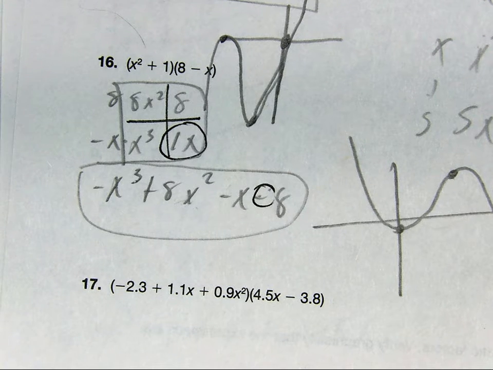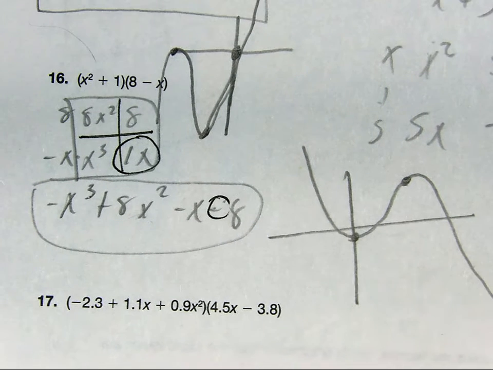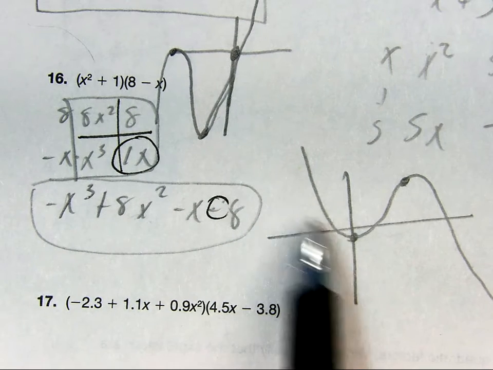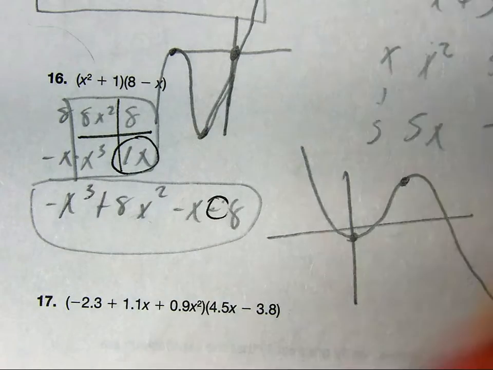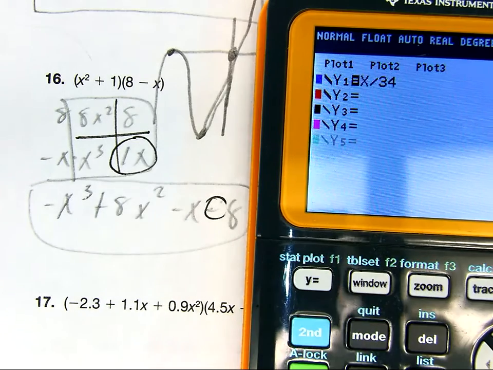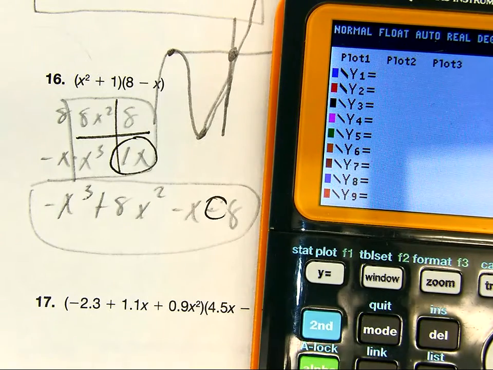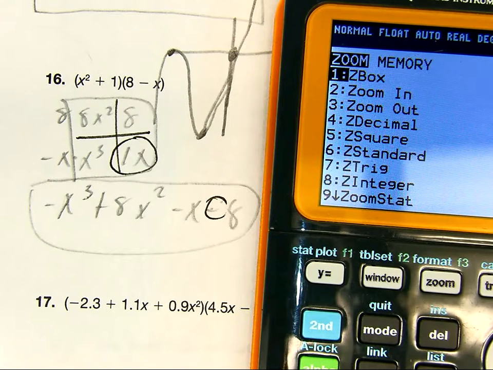Now, what I like about this one is the student made a sketch of the graph. And if you actually graph both of these, they should be the same. So let me show you. Let's look at this student's. X squared plus 1, 8 minus x, zoom 6.